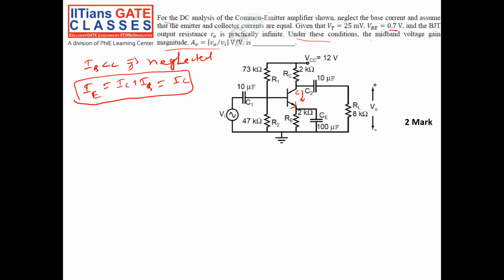So in order to do the AC analysis, first I have to get the DC parameters, that means DC currents and DC voltages, because the AC model needs DC values. So first we have to do the DC analysis. Then using this DC analysis, I will go to the AC modeling. Then I will get the gain. So the first step is to do the DC analysis.